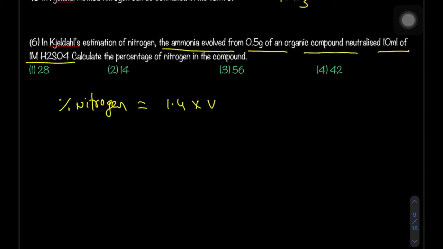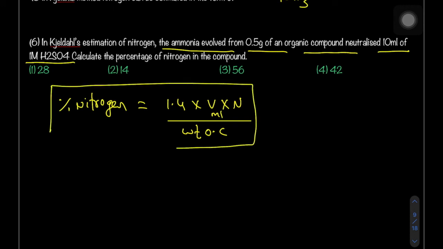It is equal to 1.4 into volume of acid, normality of acid (volume should be in ml), whole divided by weight of organic compound. So this is the direct formula we can apply here.